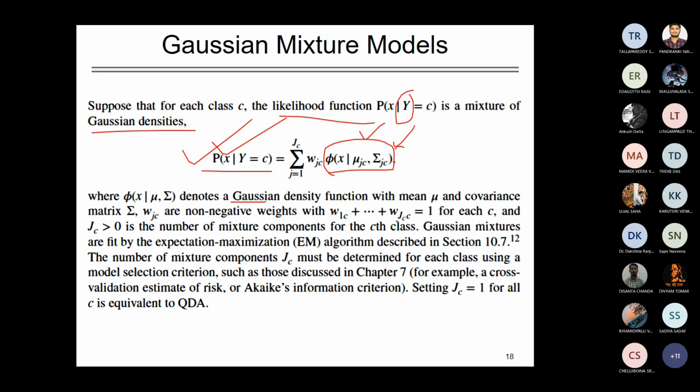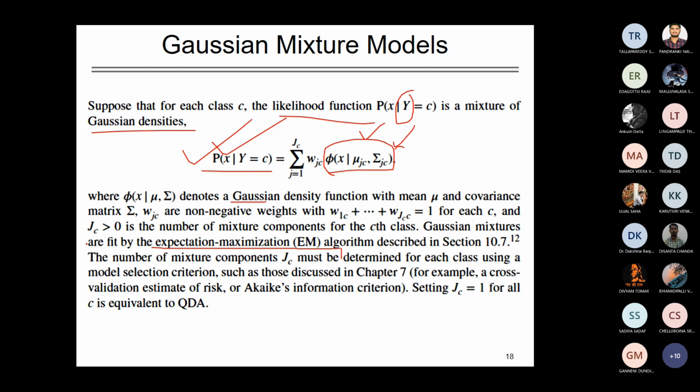So first of all we need to get this function, then we fit the Gaussian mixtures by expectation and maximization algorithms. Together these two are called the expectation maximization algorithm, and we will talk about it after a few classes, so that we can take the relevant topics for discussion when we go through those topics. So we will be discussing this algorithm also.